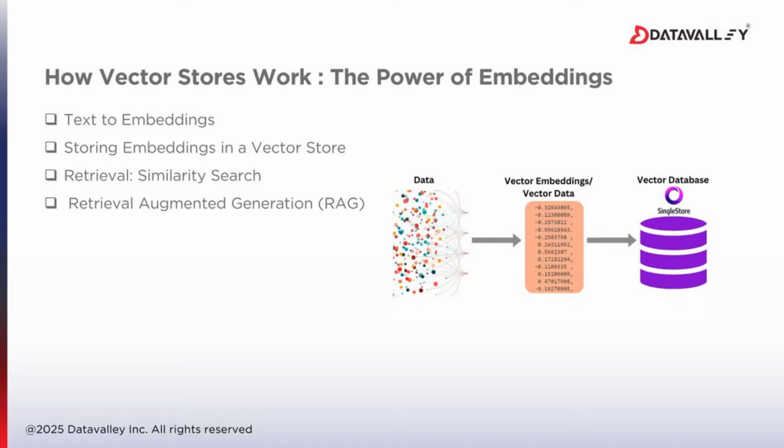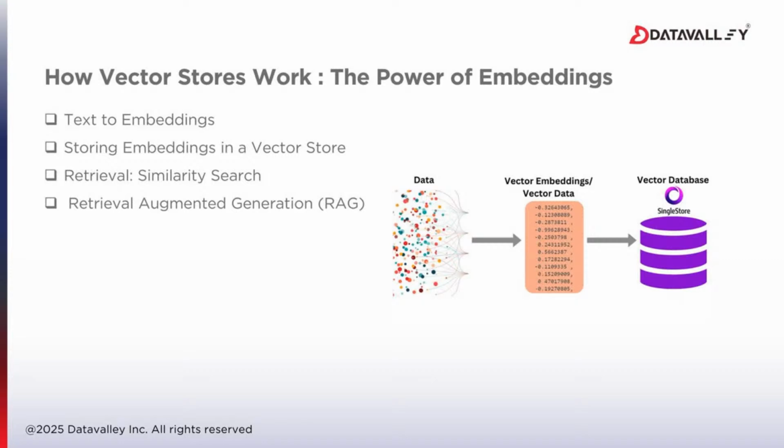Next, storing these embeddings in a vector store. Think of it like this: we will get many thousands and millions of embeddings from the text. Imagine a vector store as a digital library. But now, instead of organizing books by title, it organizes them by meaning, because it will capture the semantic meaning of words.